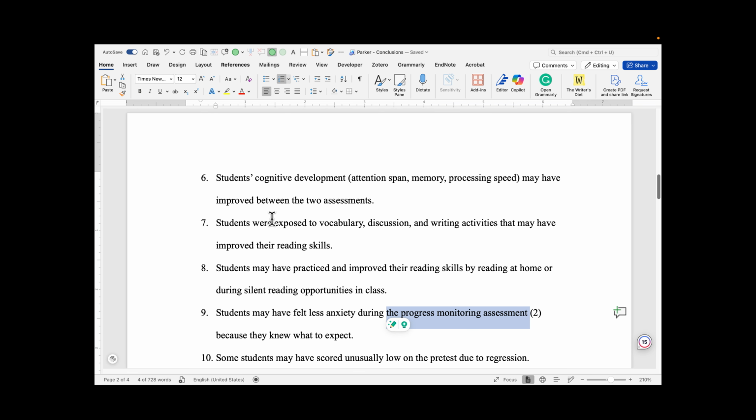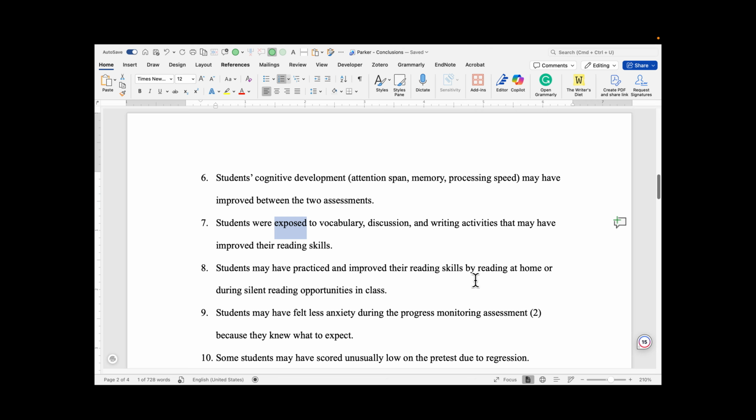So exposed. Exposed has many meanings. It was shown to them. They were introduced to the new topics, whatever it is you're teaching, can be brought in there. You can't say you, but you are the researcher, and you may interject.